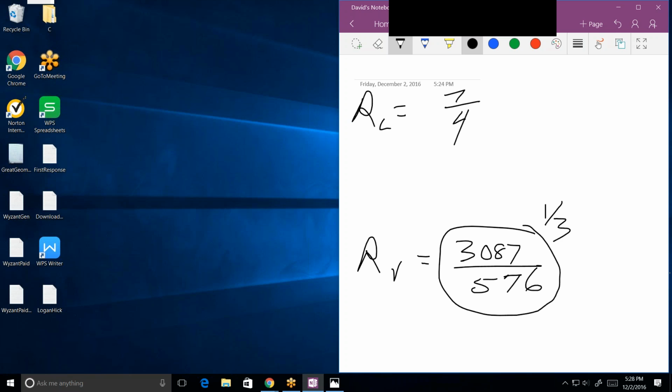Well, when you start taking the cube root of 1/5, it really confuses people. Whereas if I take the cube root of a number greater than 1, I know it's going to get smaller, not bigger. Well, this ratio got smaller, right? It went from approximately 5 to 1 to 7 to 4. That makes lots of sense to me. That's why you want to go big to little.